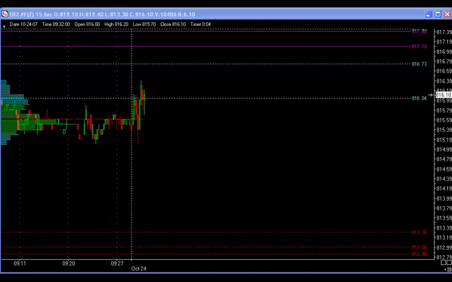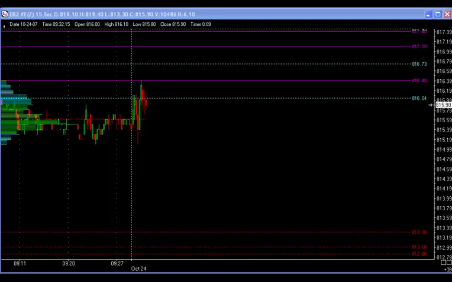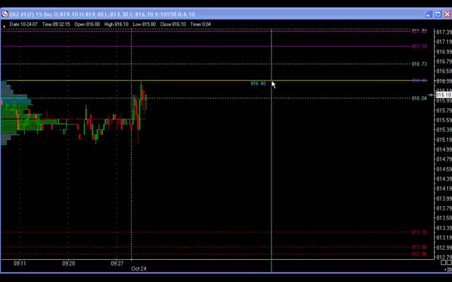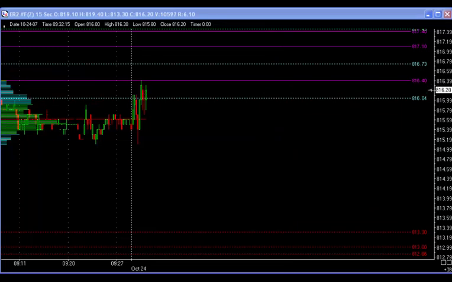You can see what happens. Now you notice 816.40 popped up here. That's the peak volume price.